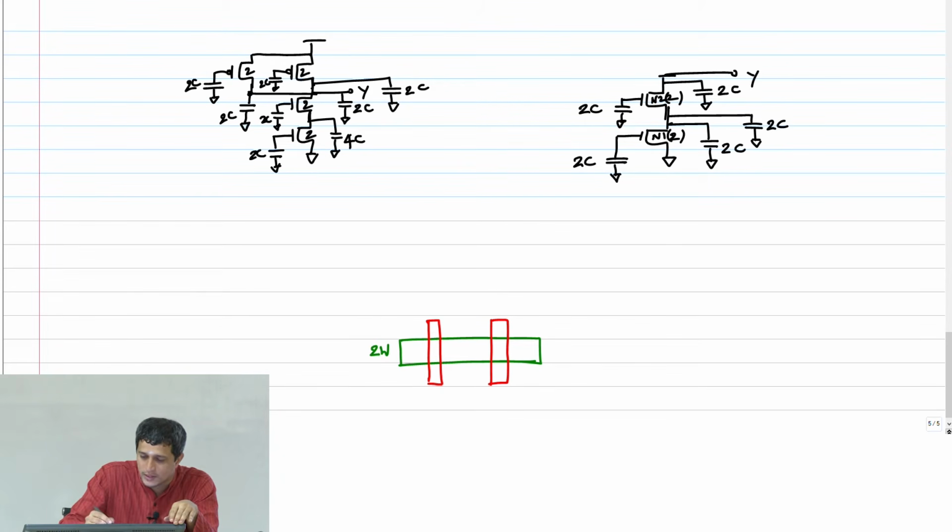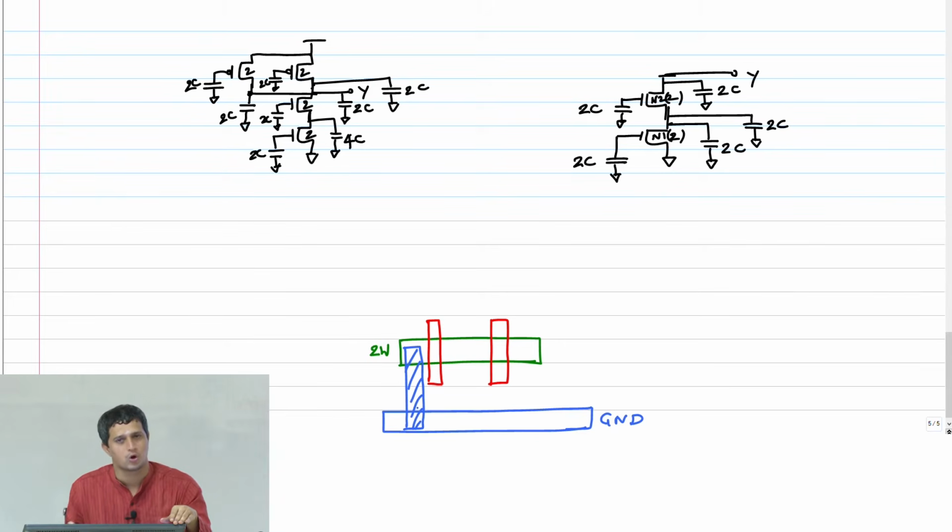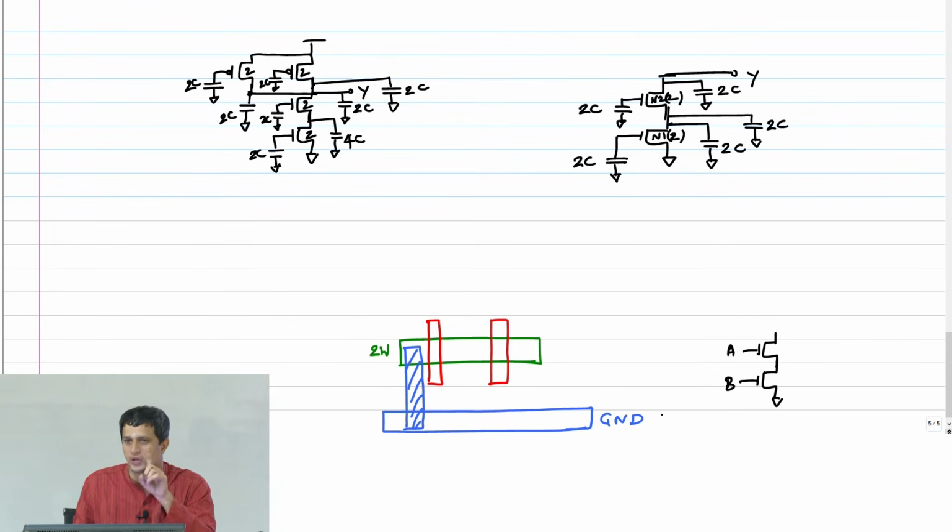So this will basically be my, maybe I should just put a metal one here, ground, and I will connect this to ground. Okay, there are appropriate contacts and all that. So this is basically nothing but my series stack from the output Y to ground. So these are my inputs A and B. So the gates are going to be connected to inputs A and B.